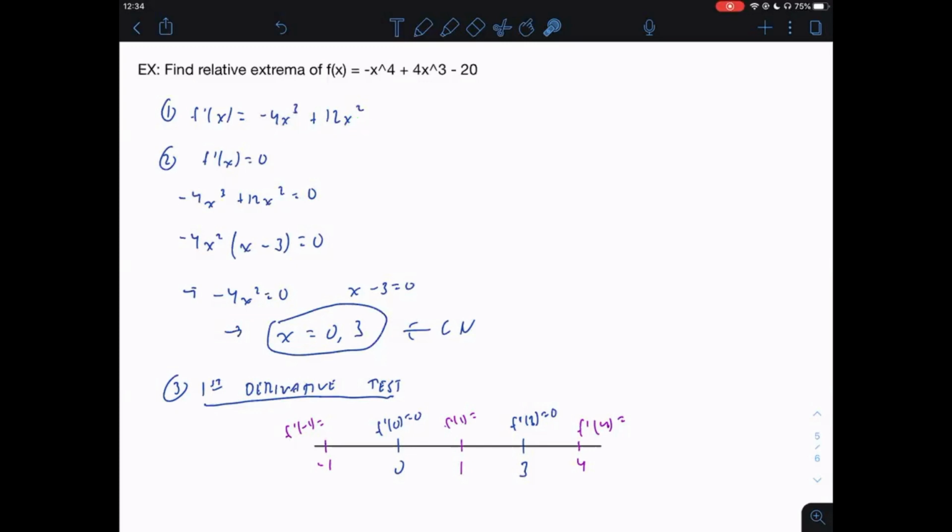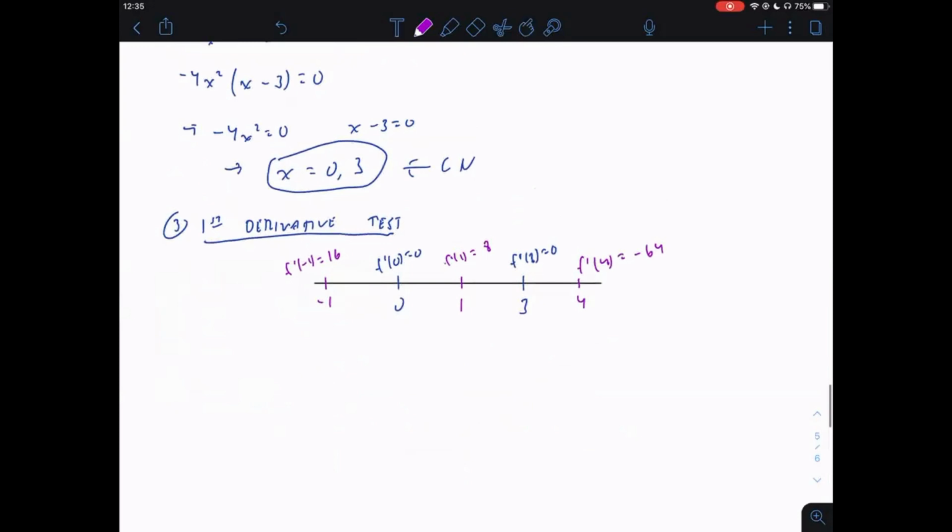Right, so if we plug in -1, +1, and +4 correctly into the first derivative, it should give us values here of 16, 8, and -64. All right, so let's see what these test points are telling us about our function of x.